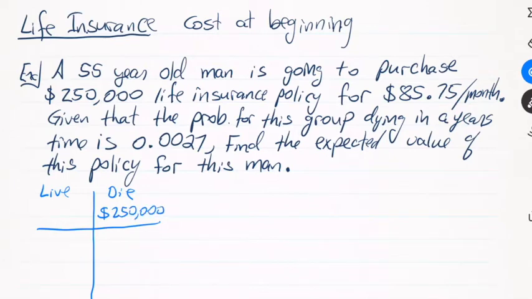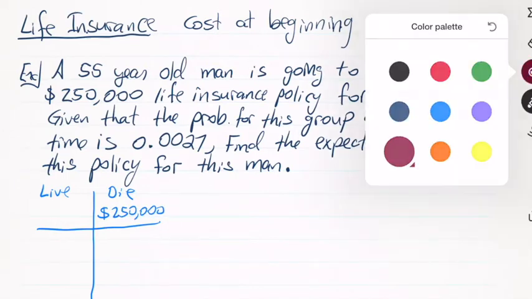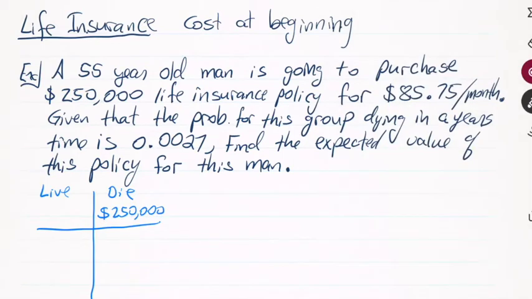But the way you have to think about this is that I kind of think of it as an inheritance thing. I always yell at my mom that she's spending my inheritance. So this $85.75 per month that is coming out of his pocket could have been part of the inheritance to begin with.